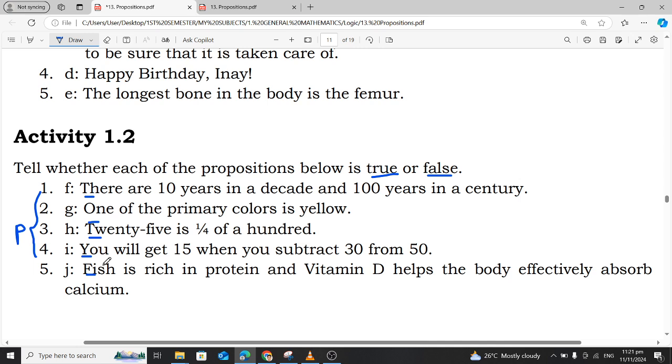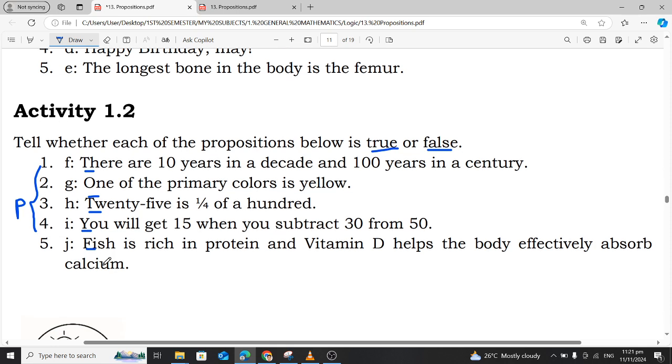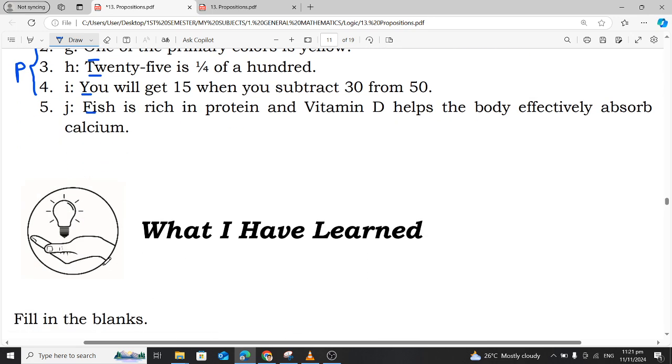But the question is, are they true or not? True or false? What is its truth value? So, your answer is true or false. If you have any questions, class, kindly raise your question to the class. Okay?